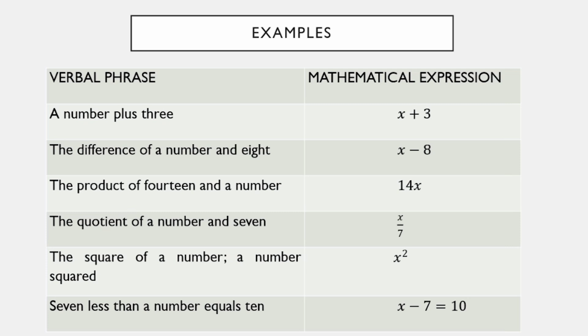The product of 14 and a number, 14x. The quotient of a number and 7, x over 7. The square of a number, x raised to 2. And the last one here is 7 less than a number equals 10, which can read as the mathematical expression x minus 7 equals 10.